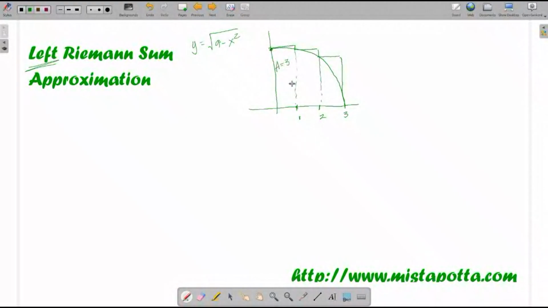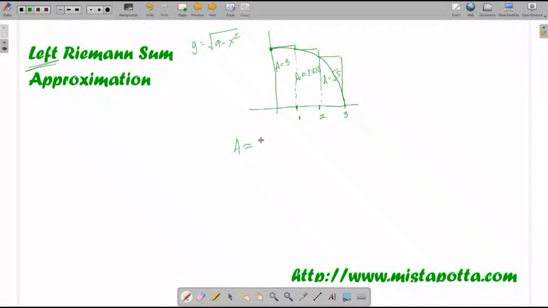Here, if I substitute x equals 0, my height is 3, and so my area is 3. Here, if I substitute a 1, my height ends up being radical 8, and my area is approximately 2.828. And here, if I substitute a 2, I'm going to have 9 minus 4, so my height is going to be radical 5, and this area is equal to radical 5.